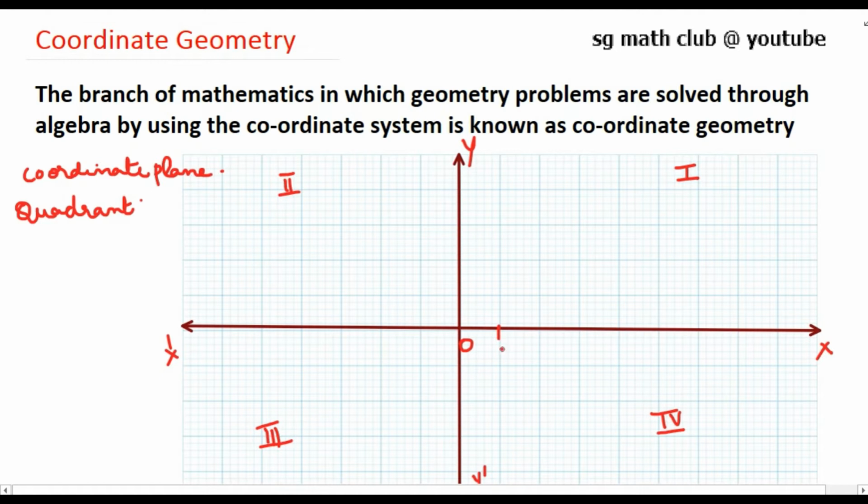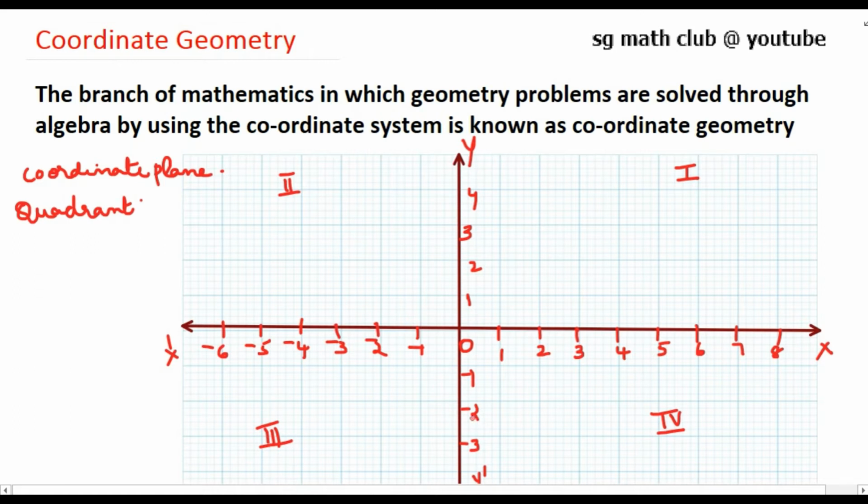To the right of 0 we have positive numbers 1, 2, 3, 4, 5, 6, 7, 8, etc. To the left of 0 we have negative numbers -3, -4, -5, -6, and above 0 we have positive numbers and below we have negative numbers.